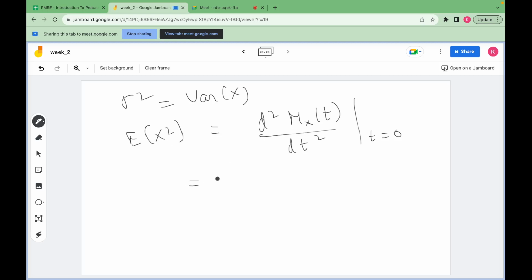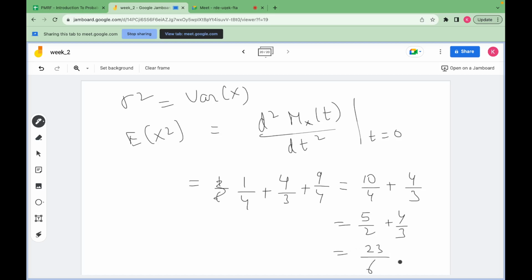So this will be 1 by 4 plus 4 by 3 plus 9 by 4. This comes out to be 10 by 4 plus 4 by 3, which is 5 by 2 plus 4 by 3, that is 23 by 6. Okay, so expectation of X square is 23 by 6. We know that variance of X is expectation of X square minus expectation of X whole square.